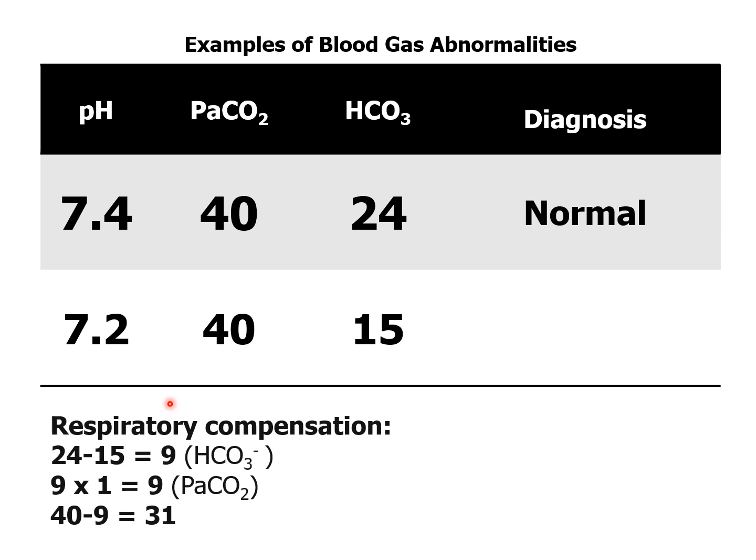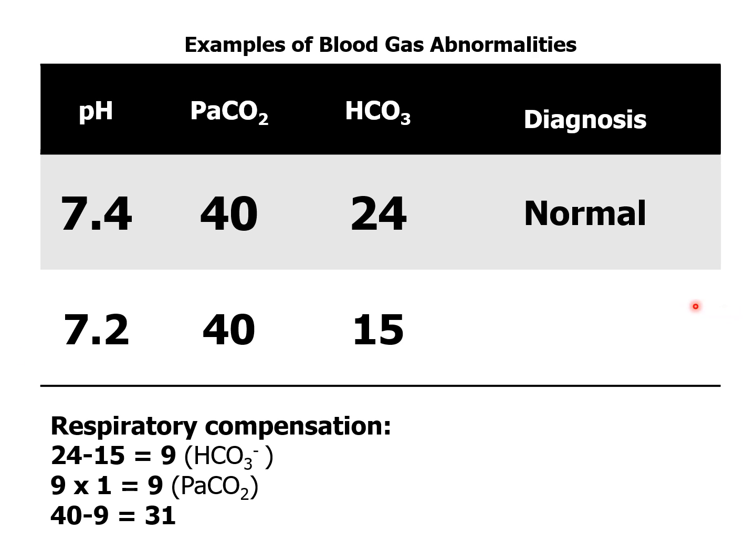So when we are going to examine the compensation, the difference between the normal value and the given is 9. That is 9 bicarbonate units. So our rule of thumb for bicarbonate is that per 1 unit decrease in bicarbonate, there should be a 1 unit decrease in PCO2 to compensate for this type of condition, metabolic acidosis.